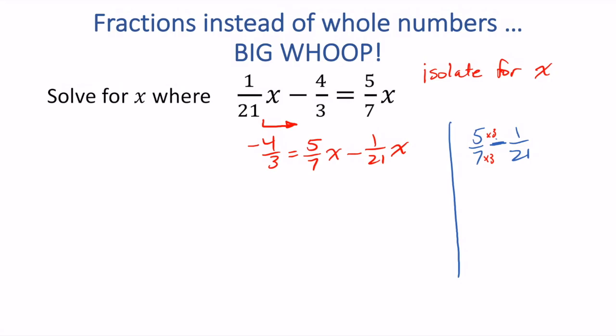So we multiply this fraction on the left, top and bottom, by 3. So we end up with 15 over 21 minus 1 over 21. And what we have after that is 14 over 21. We can even simplify that a little bit further because 7 goes into 14 and 21. So we can simplify that to 2/3.